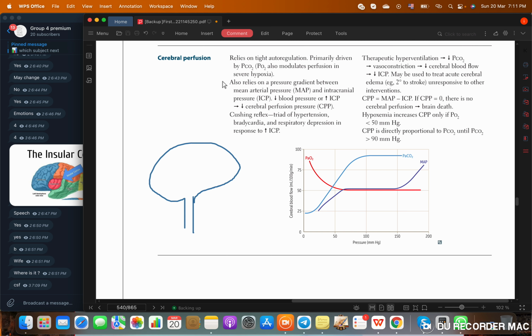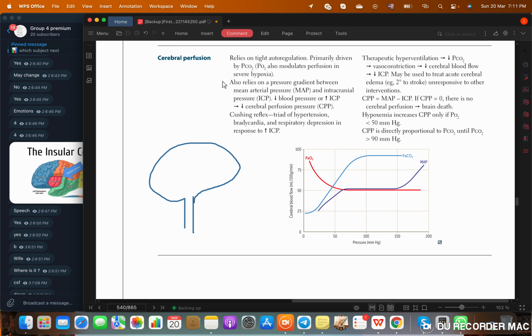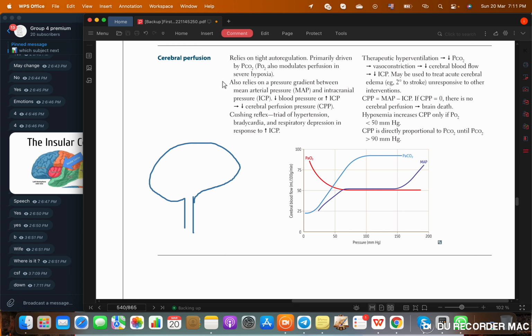Oh, interesting. So why are you telling me about that? I'm telling you about that because in some cases, you can do hyperventilation. So if I hyperventilate somebody, what will happen? Well, you tell me, guys, what will happen to the PaCO2 of the patient if he hyperventilates? His PaCO2 is going to go down big time.